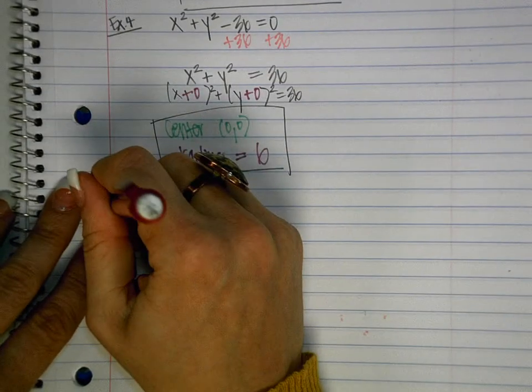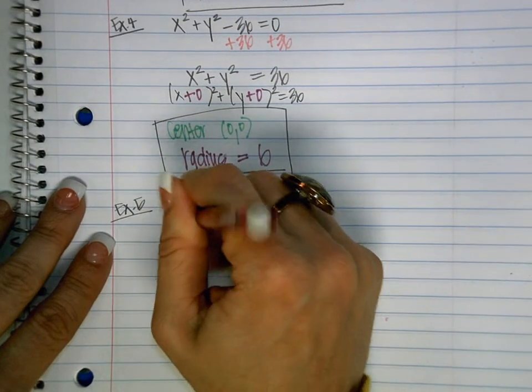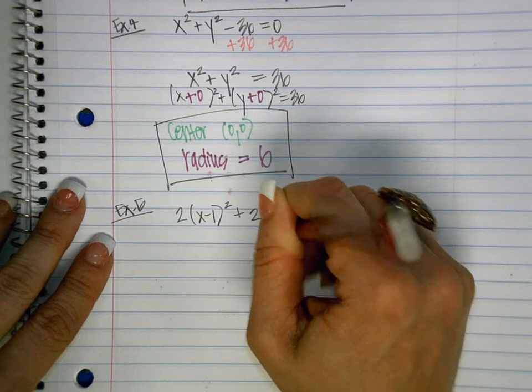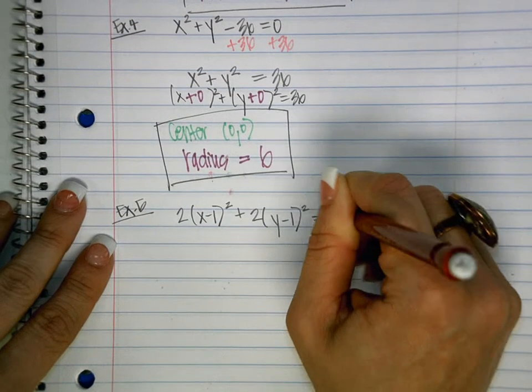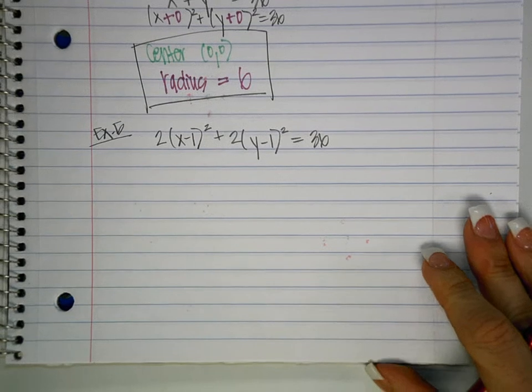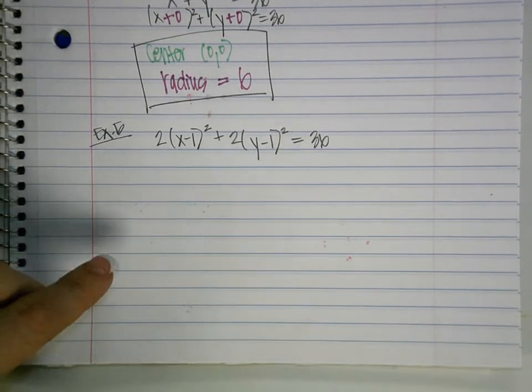Okay, one more, just like this, number 5. 2 times x minus 1 squared plus 2 times y minus 1 squared equals 36.